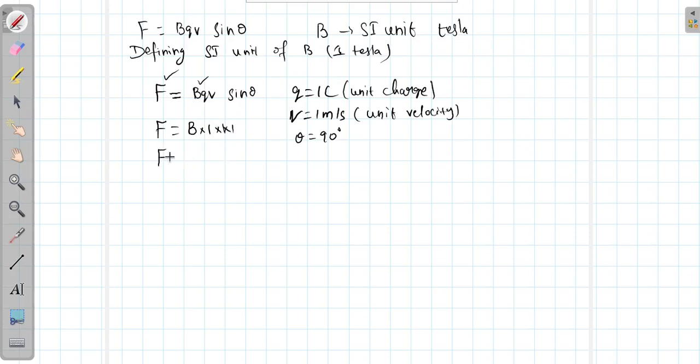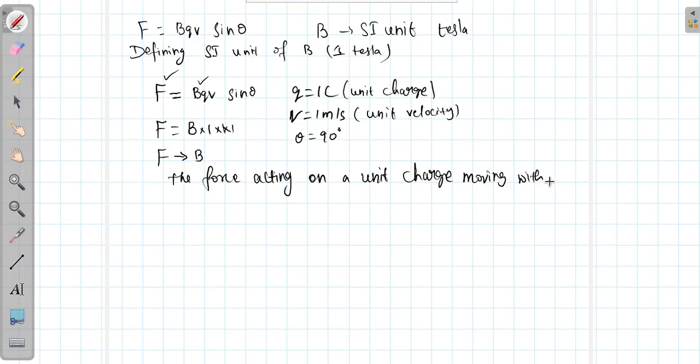Everything becomes B, therefore F becomes B. Therefore, we can define the force acting on a unit charge moving with a unit velocity at right angles to the direction of the field.